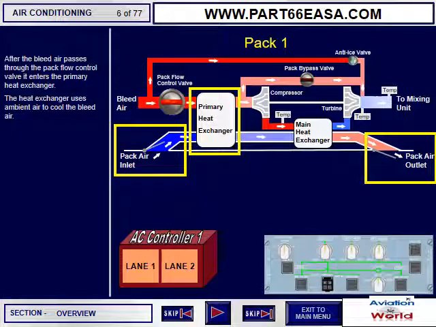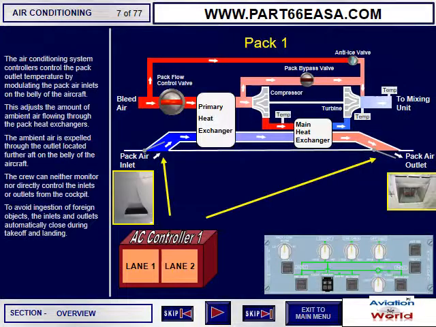After the bleed air passes through the pack flow control valve, it enters the primary heat exchanger. The heat exchanger uses ambient air to cool the bleed air. The air conditioning system controllers control the pack outlet temperature by modulating the pack air inlets on the belly of the aircraft.